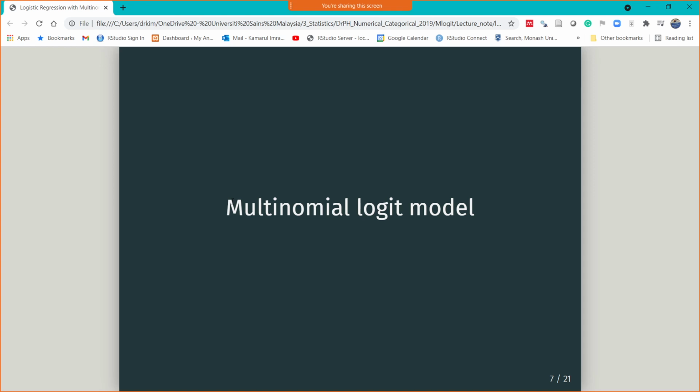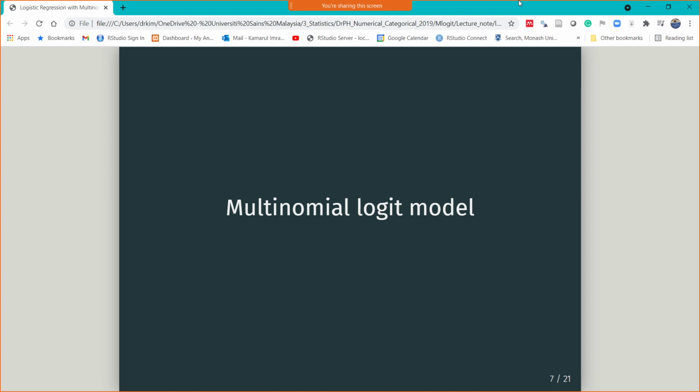So what we are going to learn or do for such data is to use what we call the multinomial logit model. Last semester we used the logit model, but for this one, specifically for multinomial outcome data, we will use a model called multinomial logit model.